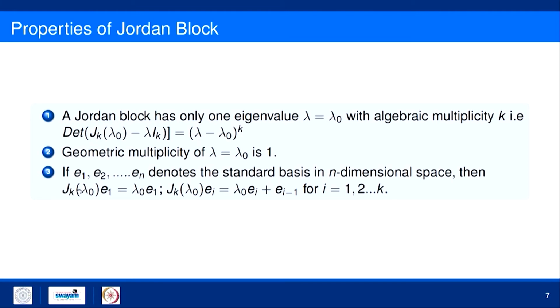Furthermore, J k lambda 0 operating on any Ei equals lambda 0 Ei plus E i minus 1.